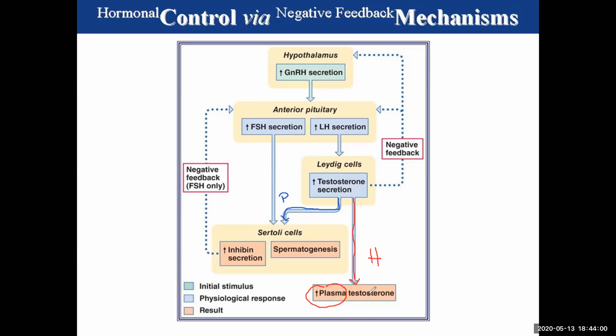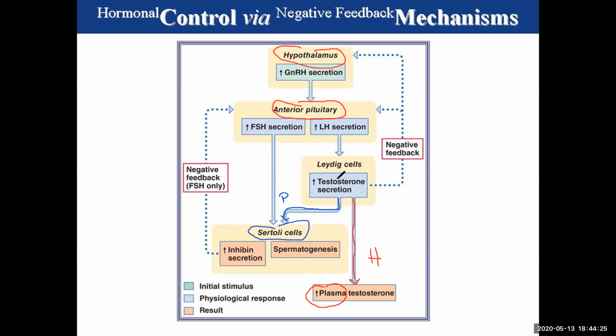And from there, it will go up and affect the anterior pituitary and hypothalamus. Whereas the paracrine signal is locally affecting the Sertoli cells, right? So paracrine affecting Sertoli cells, hormones affecting anterior pituitary and hypothalamus, as far as the testosterone is concerned.